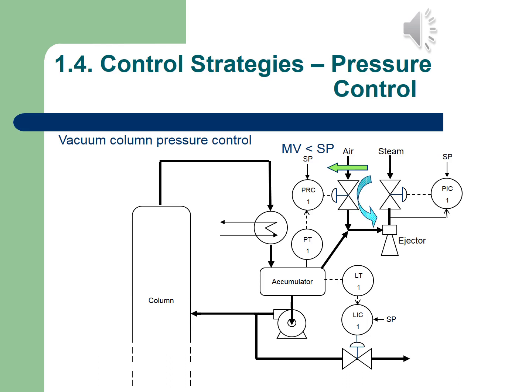And by creating that lower pressure on the ejector, you can either lower the pressure inside the column, or you can use the outside air just to fill up on that lower pressure that you have on the ejector, and that will cause the column pressure not to be affected.